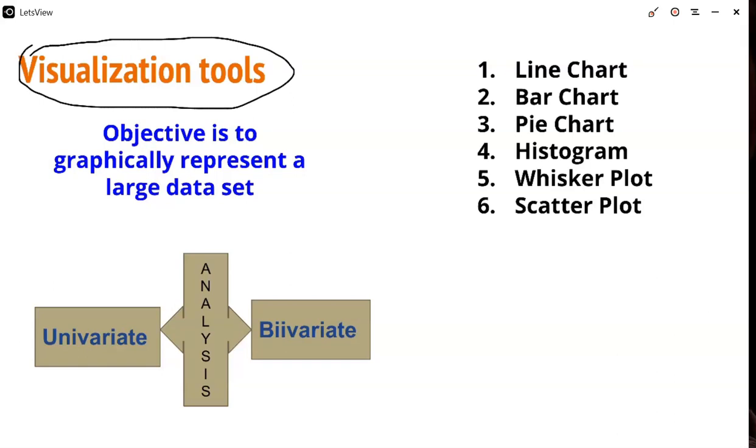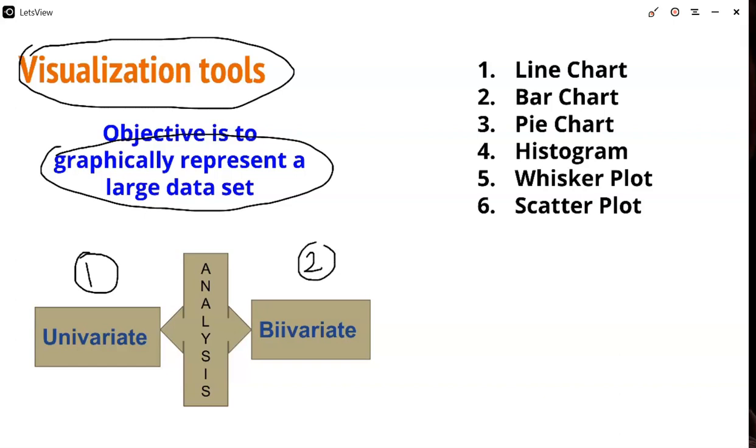The objective of a visualization tool is to graphically represent a large data set. And these visualization tools are of two different types: one is called univariate tools, and the other is called bivariate tools.